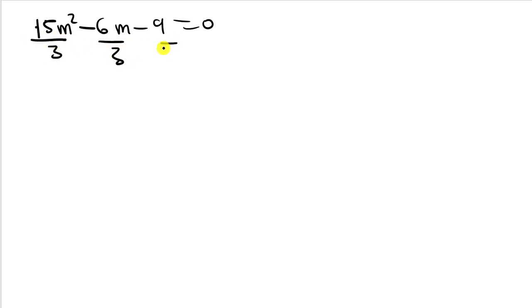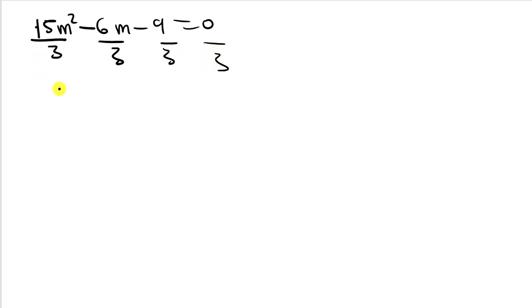All right, so we are going to have our 15m squared minus 6m minus 9 being equal to 0. And even from what we are having here, there's a common factor, and the common factor here is 3. So we are going to divide through by the 3. So we divide here by 3, here by 3, here by 3, here by 3. Okay.